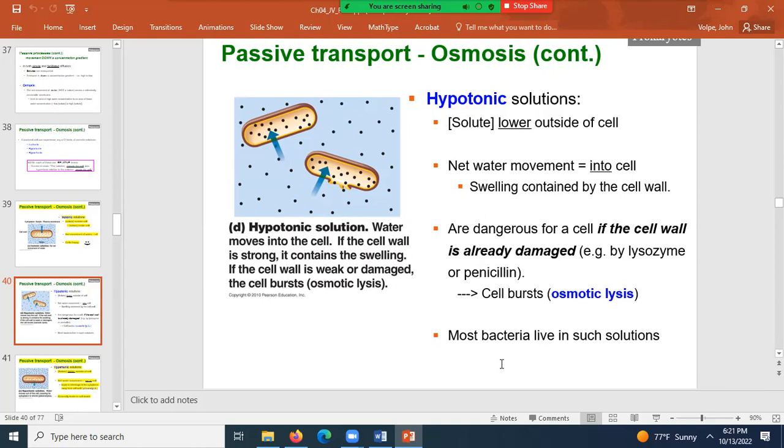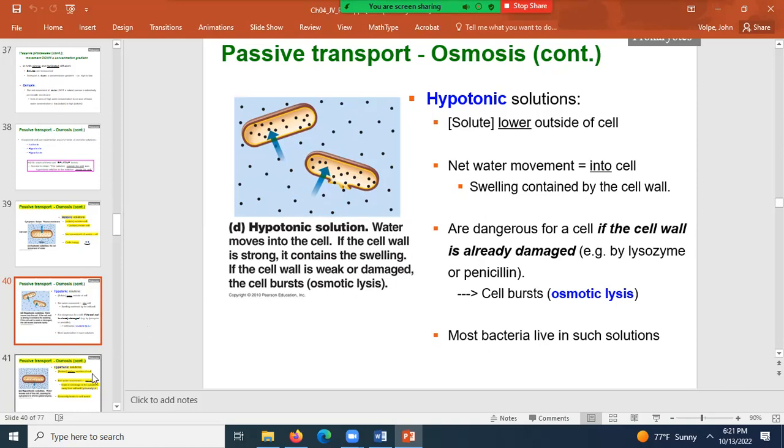And if the cell wall is damaged, like by penicillin G, the bacteria will lyse because the penicillin G damages the cell wall. All right, any questions about hypotonic solution?